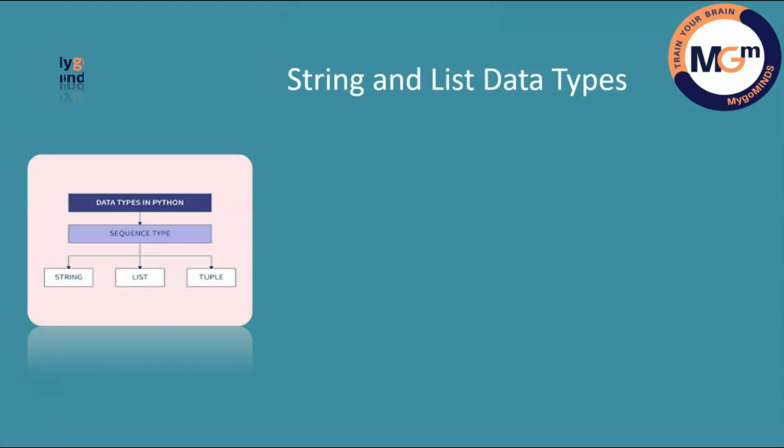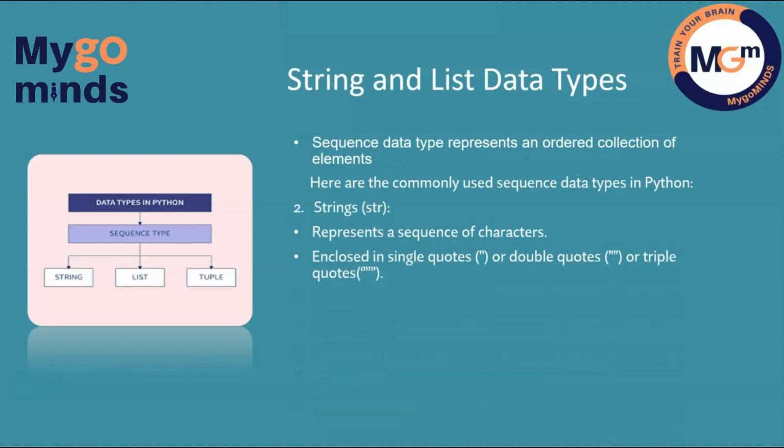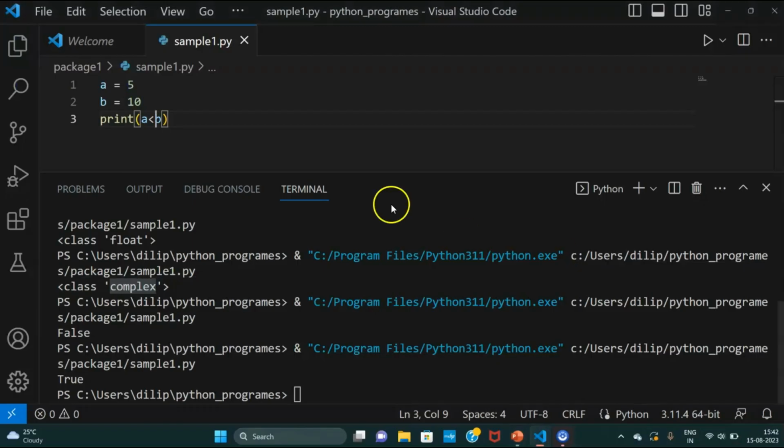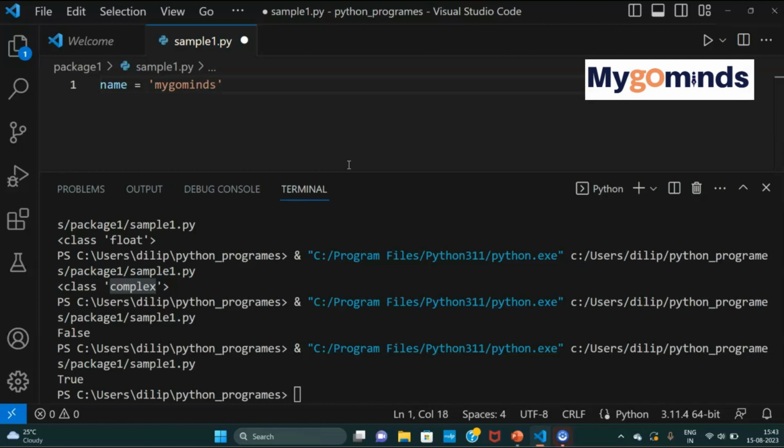And we have string, list, and tuple, which are sequence types. Sequence data type represents an ordered collection of elements. The way it is inserted, it is stored in order. For the string, we use str, and to represent a string we have to use single quotes, double quotes, or triple quotes. So let's see string. name is equal to mygo minds, and I want to check the type of name.